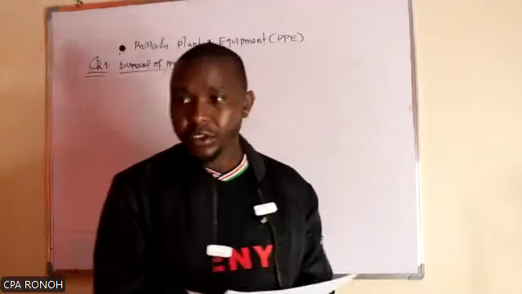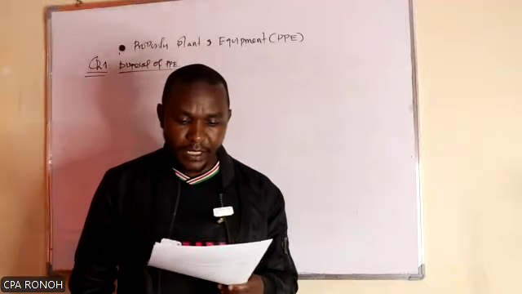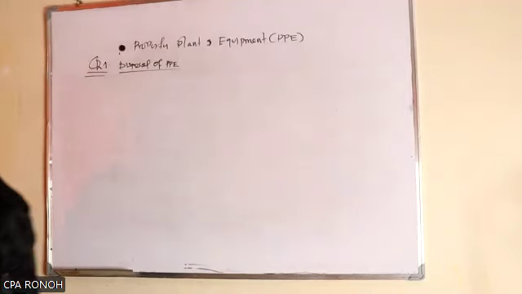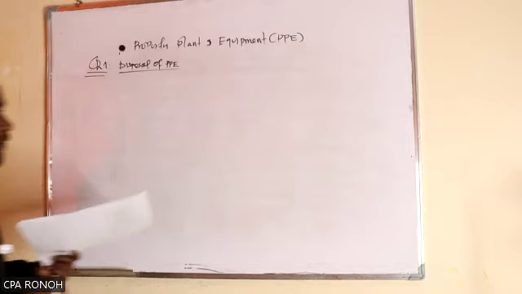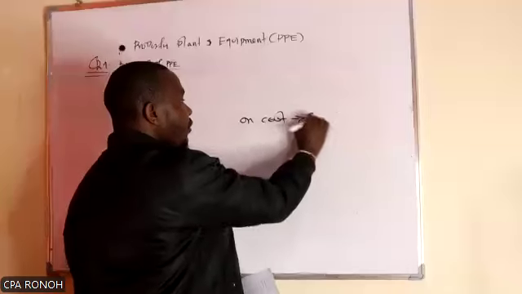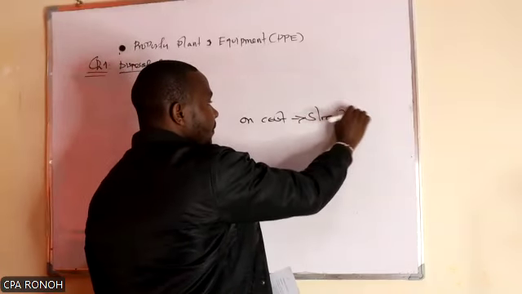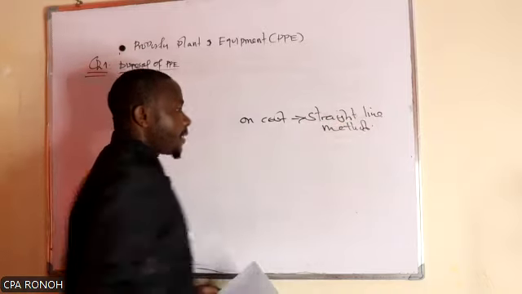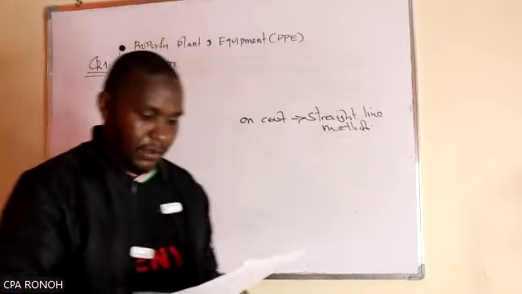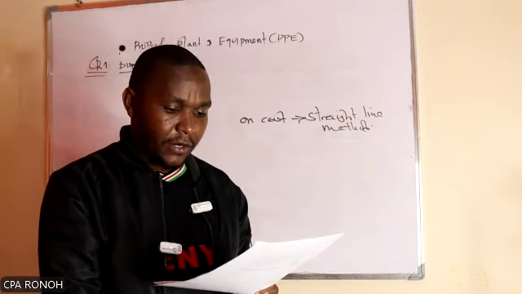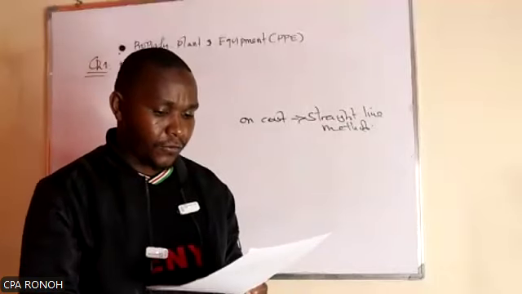We have been told it is the company policy to charge depreciation on the motor vehicle at 20% on cost. When you say on cost, what should come to your mind? You should know that this is the straight line method, with a full year charge in the year of acquisition and no charge in the year of disposal.